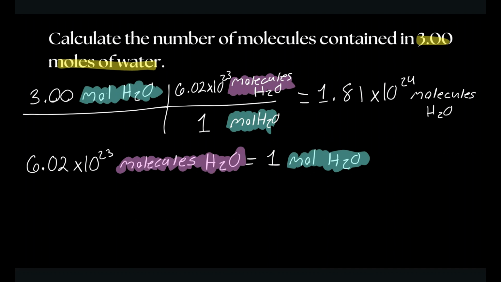Now we are ending in molecules of our H2O, which is what we want. So we know that this is our answer. We have 3 significant figures to start off with, and we're ending with 3 significant figures as well.